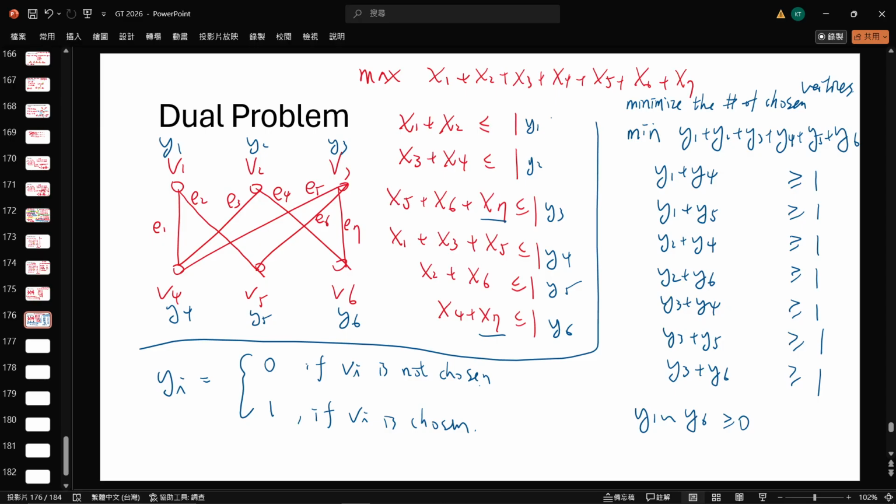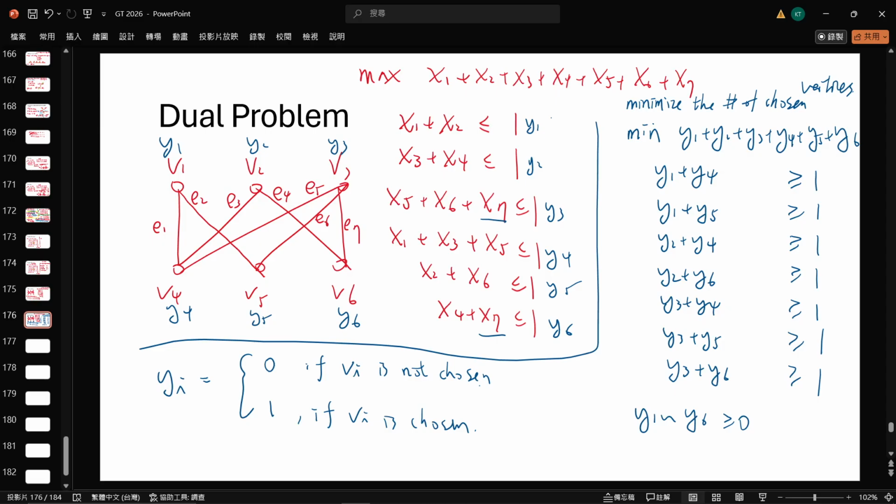So for example, y1, y4 corresponds to the first edge, E1. And the second constraint, y1, y5, corresponds to E2, okay? So we have a constraint for every edge, and the two variables are just the endpoints, okay?